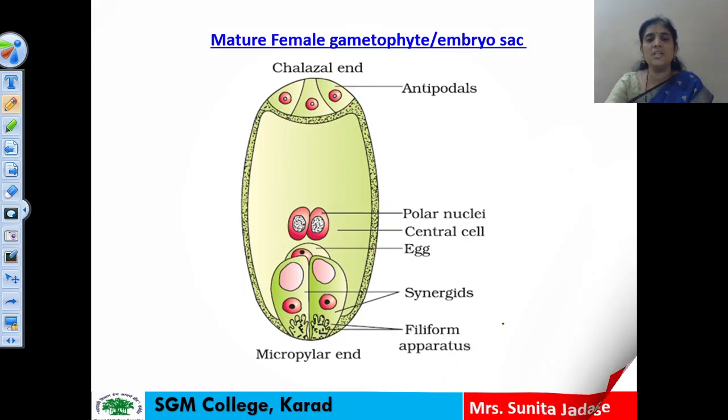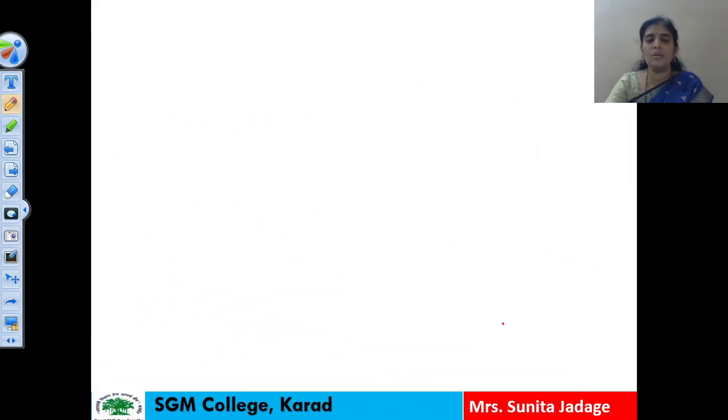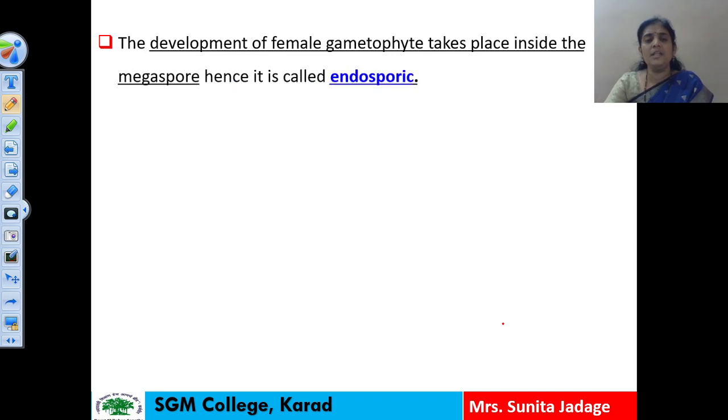Now there are 2 points related to embryo sac development that we have to see. First, the development of the female gametophyte takes place inside the megaspore, and therefore this type of development is called endosporic. All the developmental stages of the female gametophyte take place inside the megaspore, and hence it is known as endosporic.